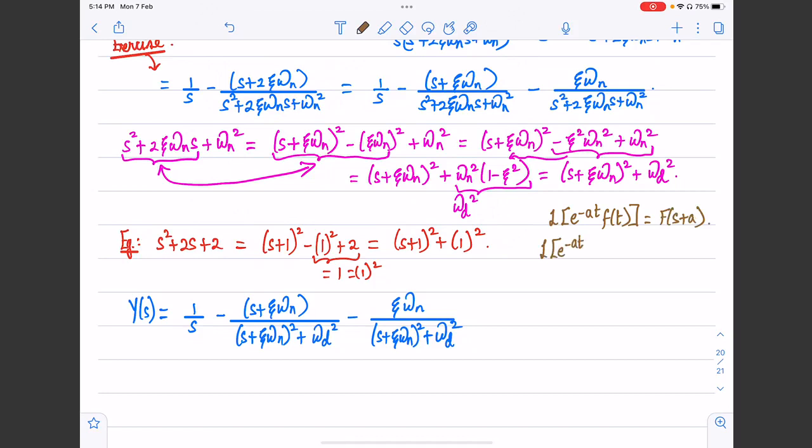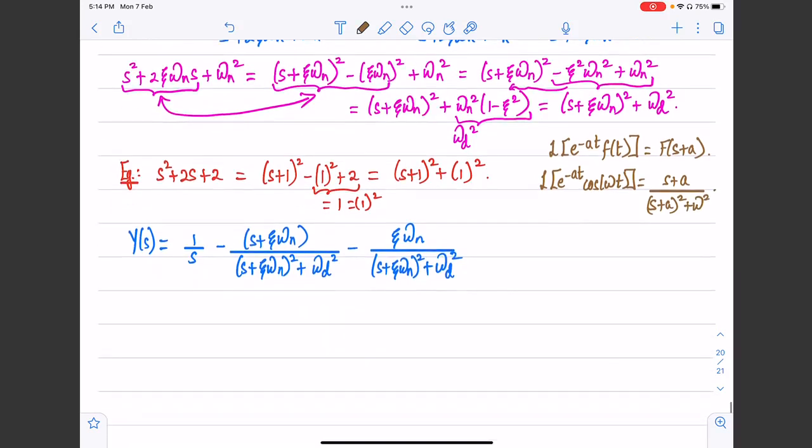Suppose I have the Laplace of e power minus at cos omega t. That will become, wherever s appeared, I substitute s plus a in the expression for the Laplace of cos omega t. So I will get (s plus a) divided by (s plus a) whole square plus omega square.